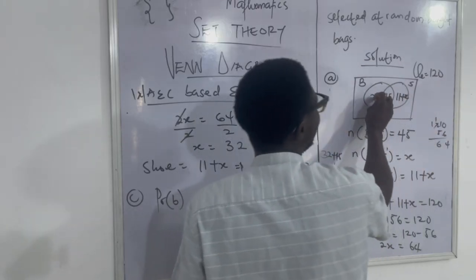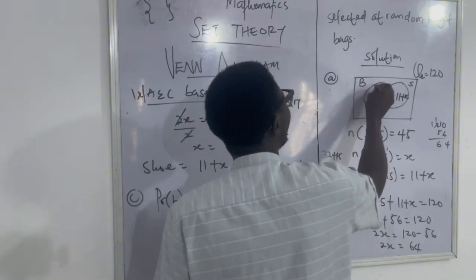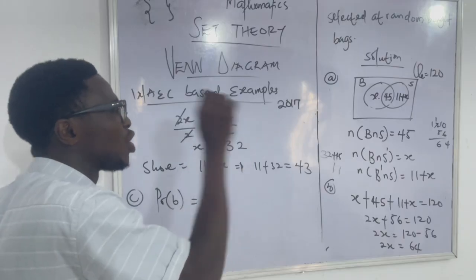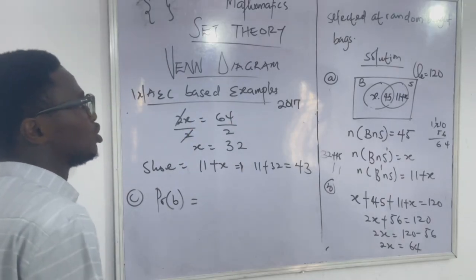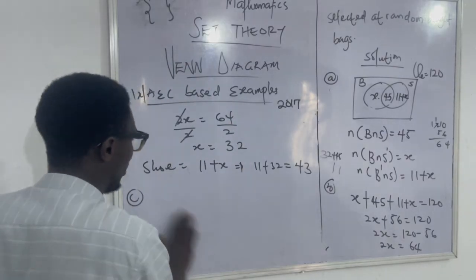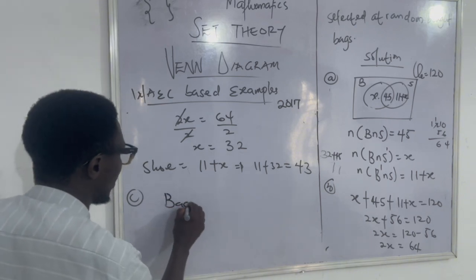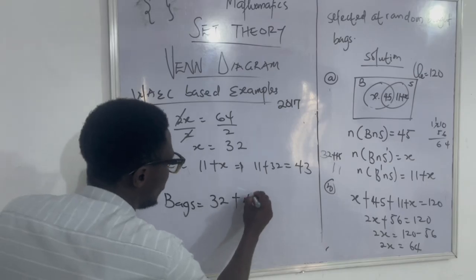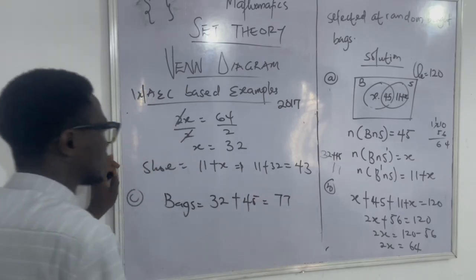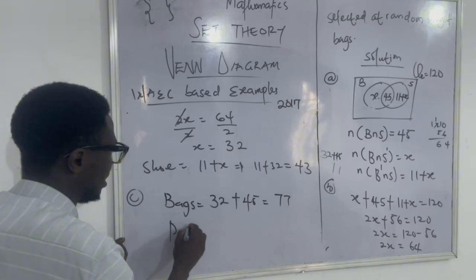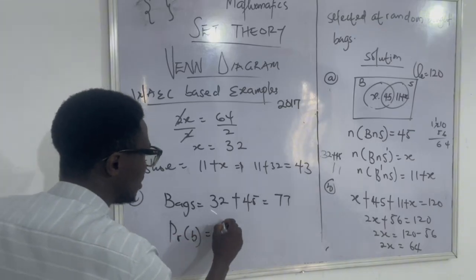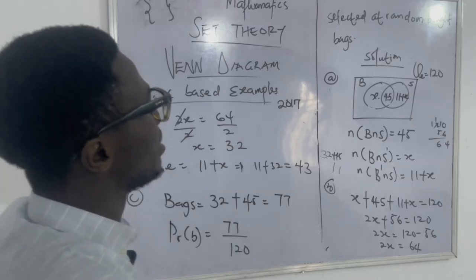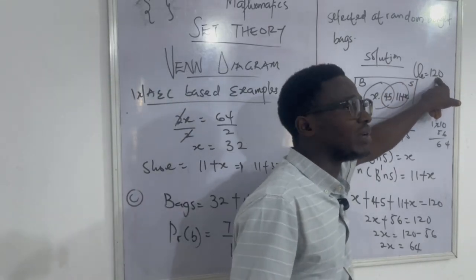Now, x is 32, meaning 32 bought bags only. So for bags, I can say 32 plus 45, which is 77. So the probability for bags will now be 77 over 120, because 120 is the universal set.